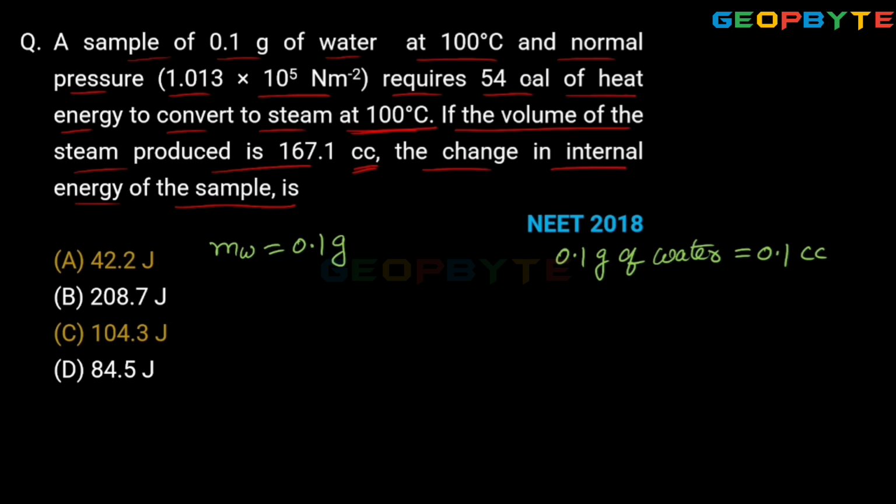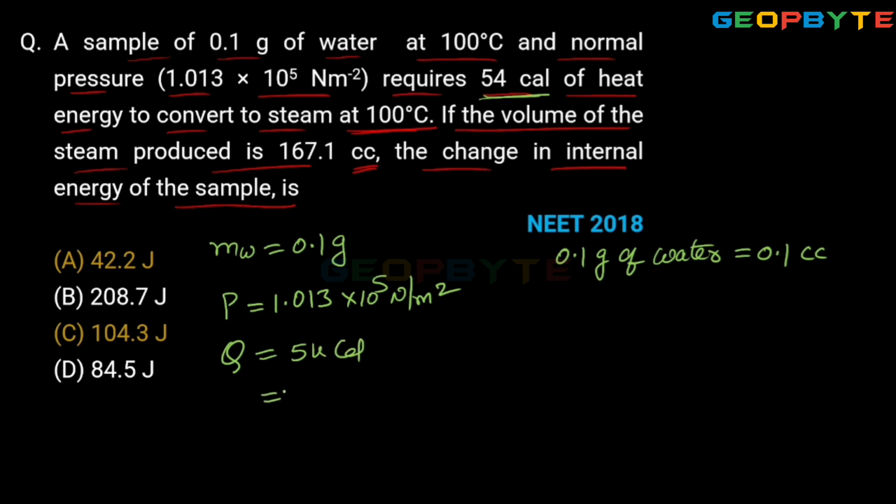At 100 degrees centigrade and pressure given, that is standard pressure 1.013 into 10 power 5 Newton per meter square, it requires 54 calories. The heat Q equal to 54 calories.